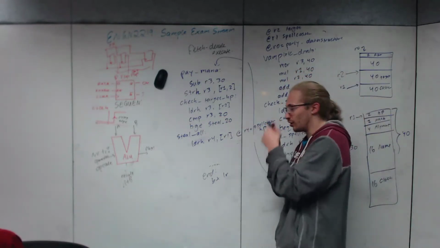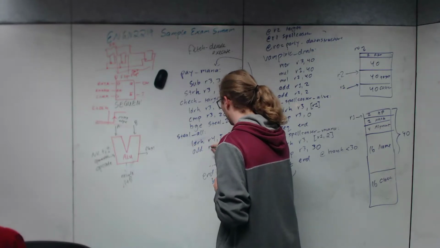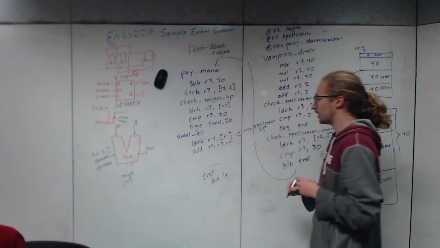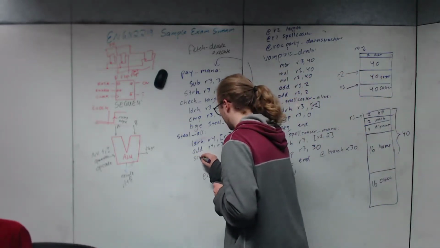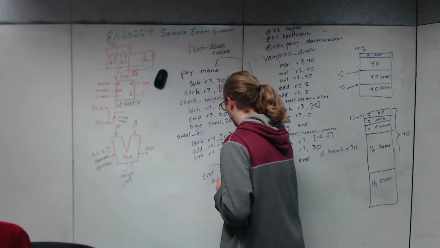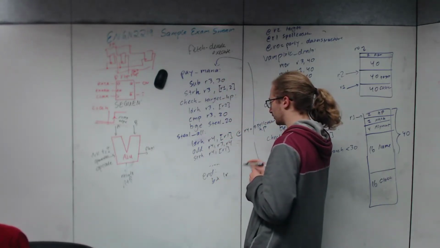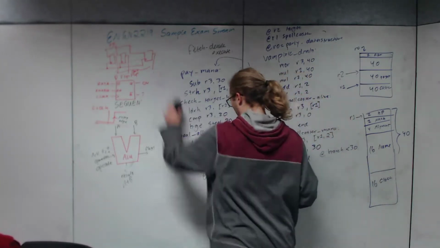Add the stolen health points to it. Add R4 to R3. Okay, and then put it back. So strh R4, R1, and then zero out the HP and store that back for the target.